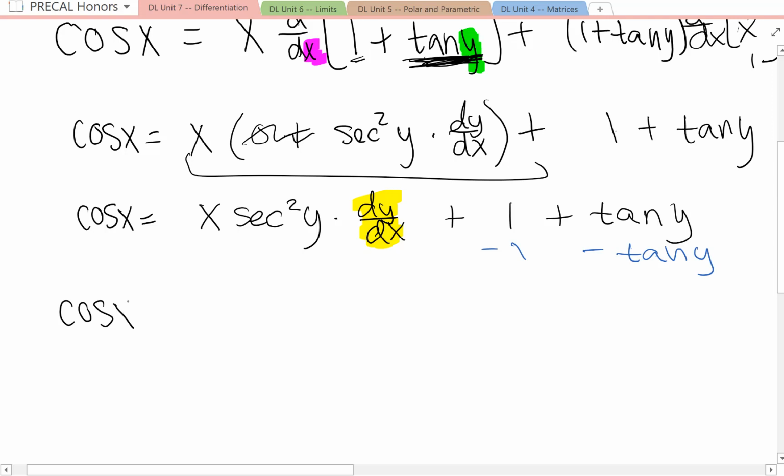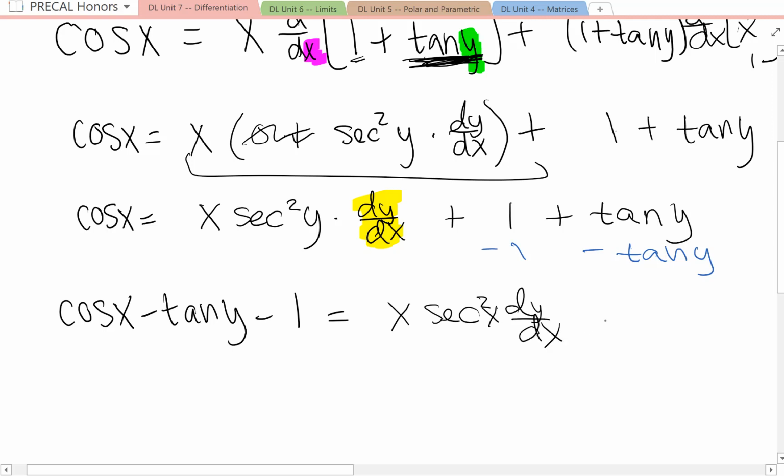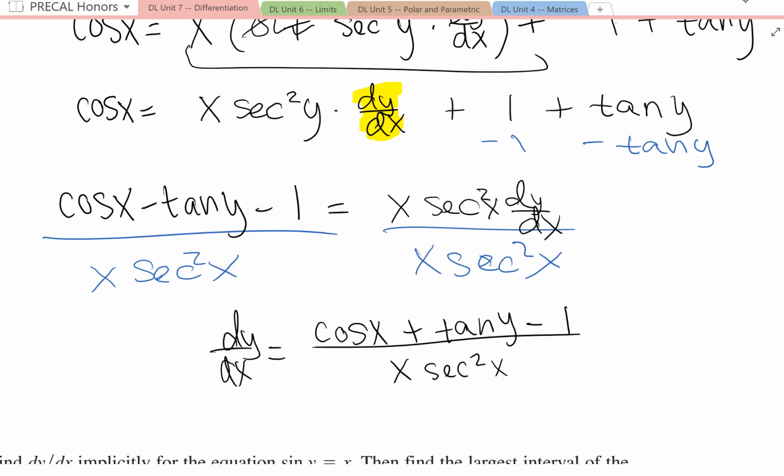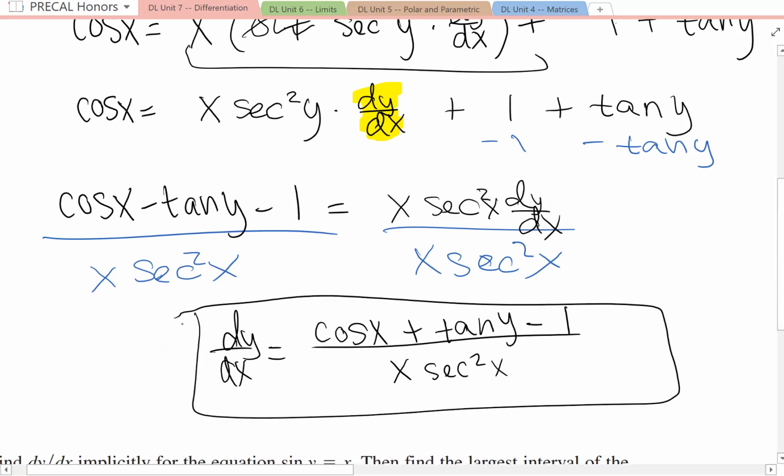So on the left side you have cosine x minus tangent y minus 1 is equal to x secant squared y times dy dx. And it's already factored out. It's only attached to one term, so now we do our last step of dividing by x secant squared y on both sides. And the derivative of y with respect to x would be this fraction.